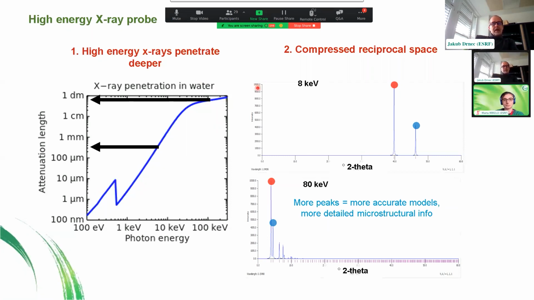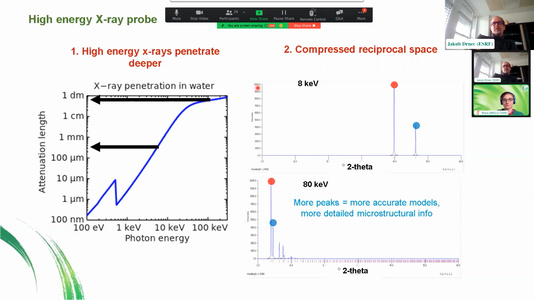Now the other advantage is that with high energies, you have compressed reciprocal space, right? If you take your X-ray diffractometer in the lab, with the copper K alpha source, then you probably have to measure a long time to get a few peaks, right? With high energies, we actually use these 2D detectors.